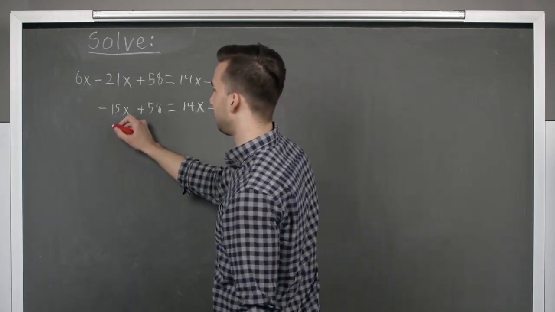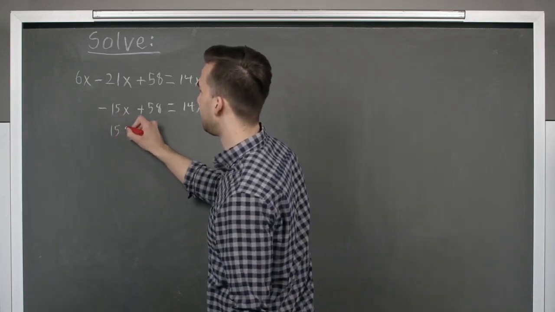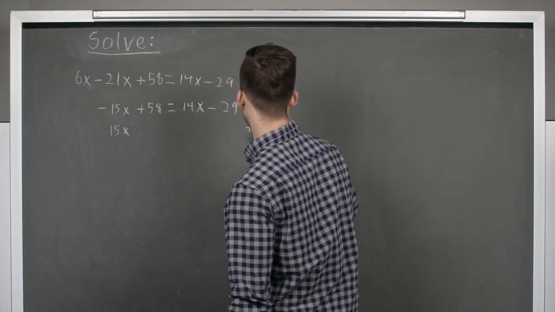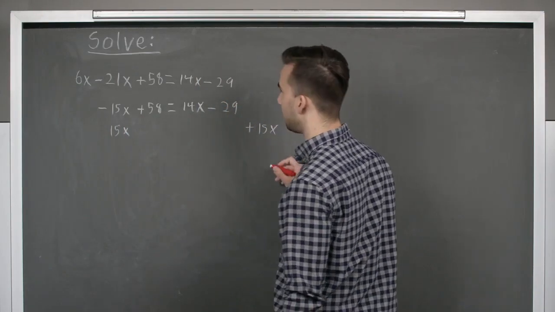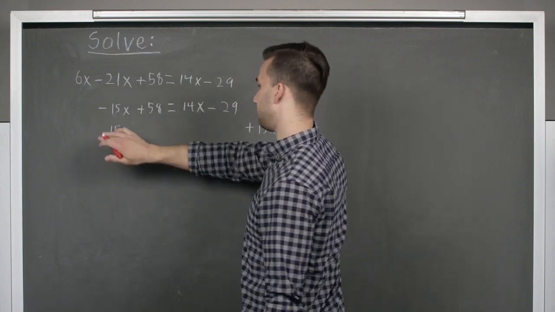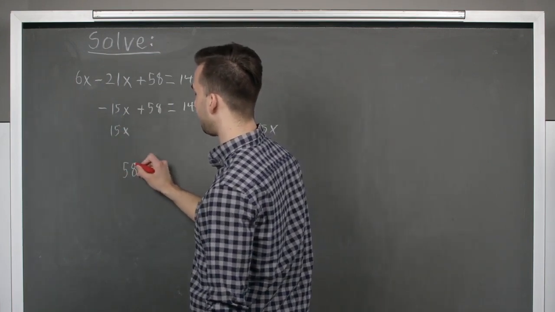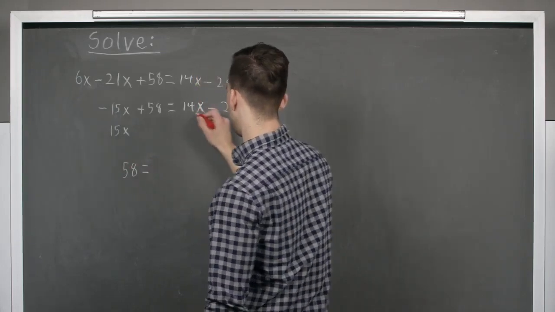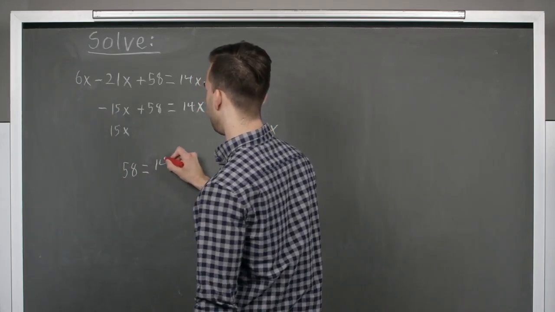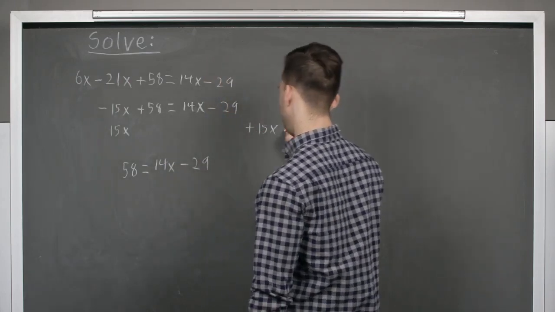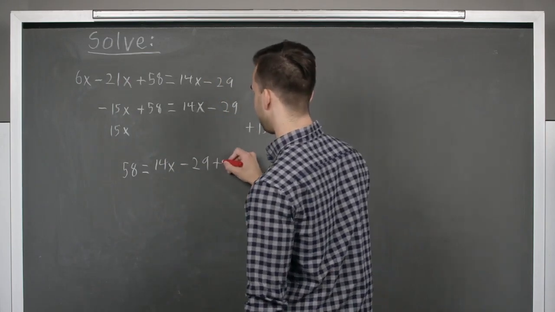So I'm just going to add a 15x over here, and then I also have to add it to this side over here. So that would give us minus 15 plus 15 is 0. So we have 58 equals 14x minus 29 plus our 15x.